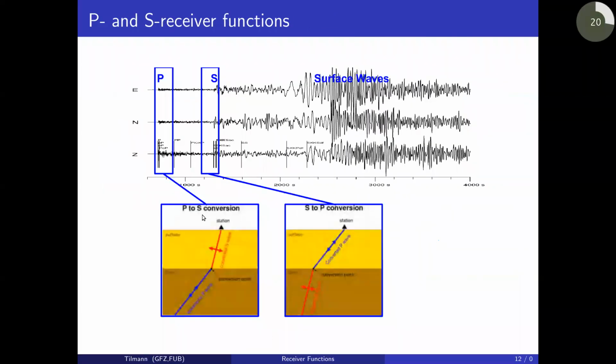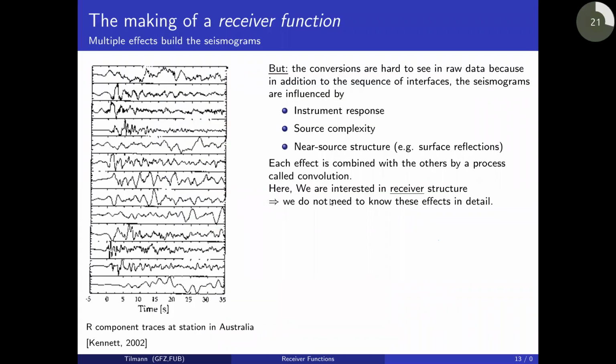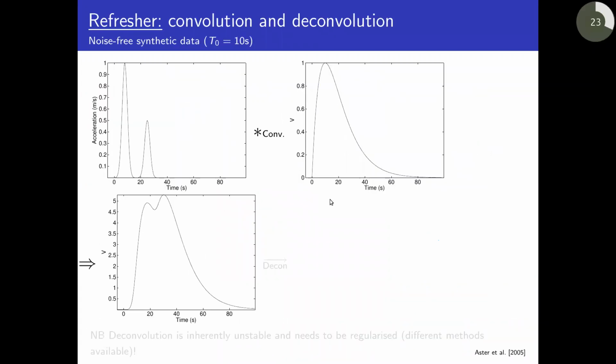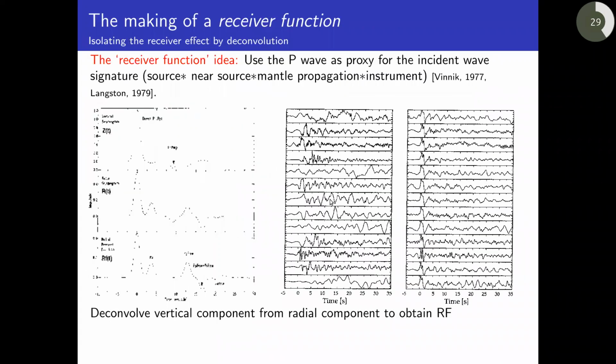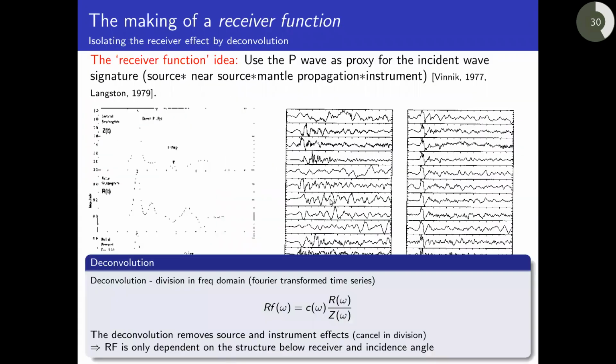We just looked at the P to S conversion, and we can also have an S to P conversion with the receiver functions. So we can choose which one we want to use. And yeah, I think this is the deconvolution.